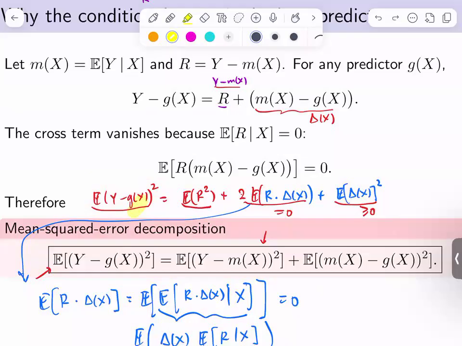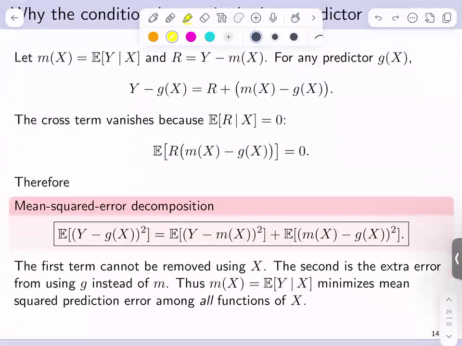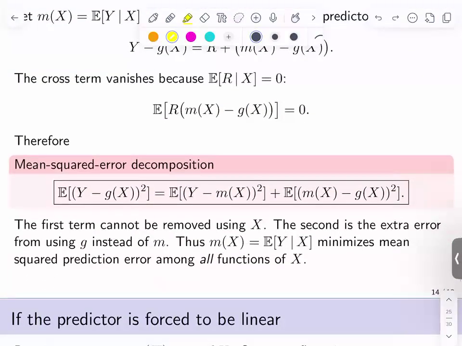So this proves that the best predictor in the MSE sense is the conditional expectation, because every other estimator would have this extra term if it's not equal to m of x, and that term is non-negative. The first term cannot be removed using x. The second term is the extra error from using g instead of m.